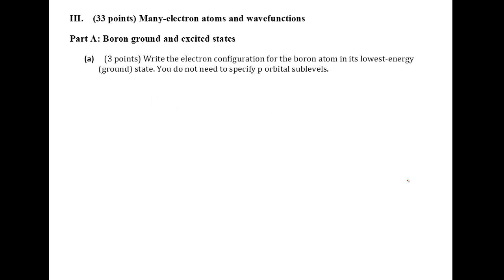So, question 1. You have to calculate the electron configuration for the boron atom in the ground state. To solve this question, you have to know that there are 5 electrons for the boron atom.